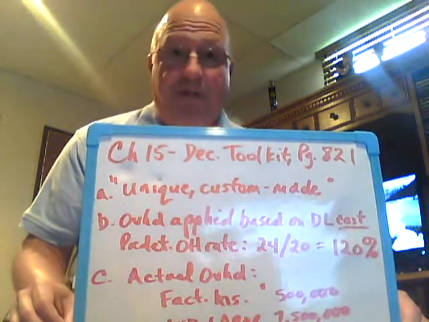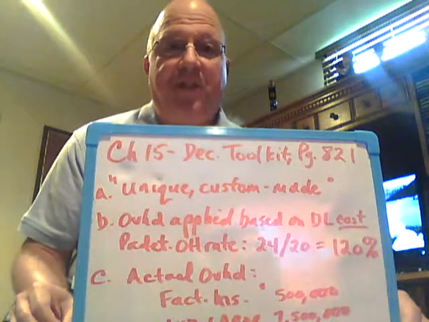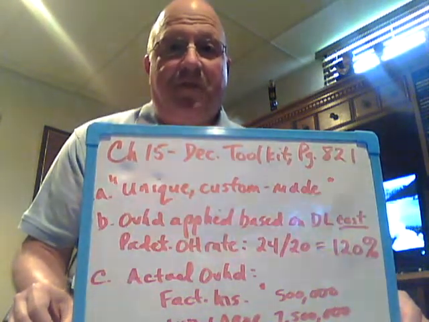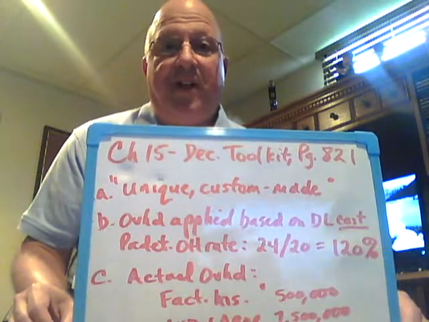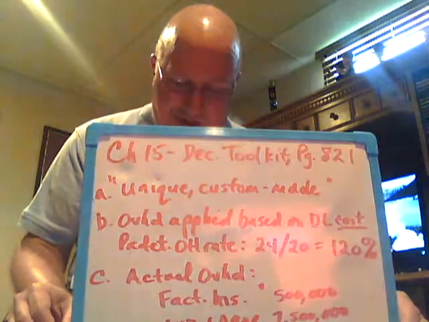So the answer with A is that they're building a unique custom-made product every time. That lends itself to accounting for the job, not the process or department costs.